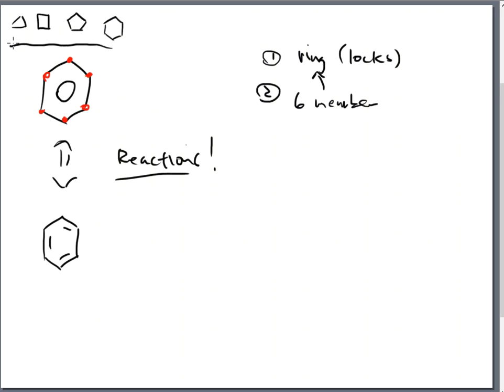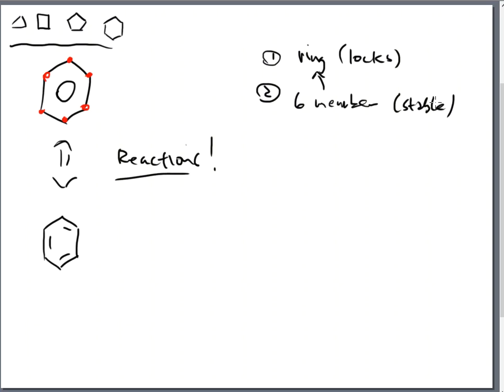Well, during that discussion, what you should have been exposed to is that due to how the carbon bonds are oriented, all of the bond angles, all of the bond lengths that get incorporated into the structure, all of that information makes cyclohexane perfect. So 6-membered rings are very stable, folks. Very, very stable. A 5-membered ring, yeah, it's going to stay around, but it's not as stable as a 6.